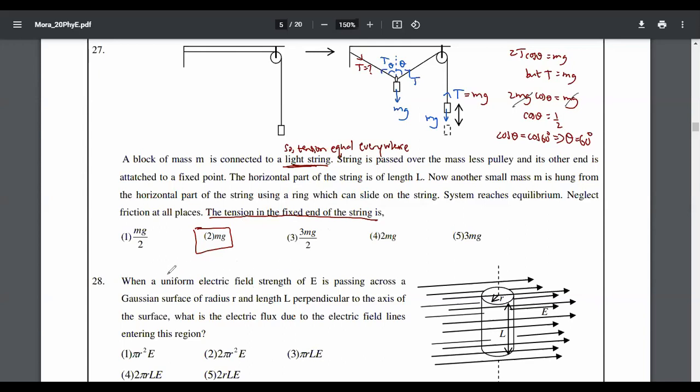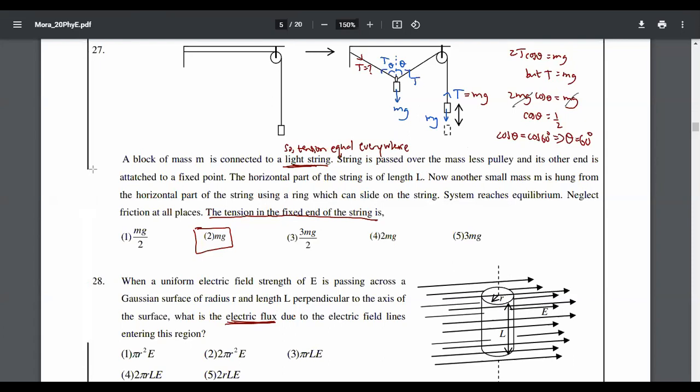28th one. When a uniform electric field strength of E is passing across the Gaussian surface of radius r and length L perpendicular to the axis of the surface, what is the electric flux due to the electric field lines entering this region? Right. Now, electric flux means you need to find out the number of electric field lines going through the perpendicular area. Now look at the electric field lines. You should not get confused here.